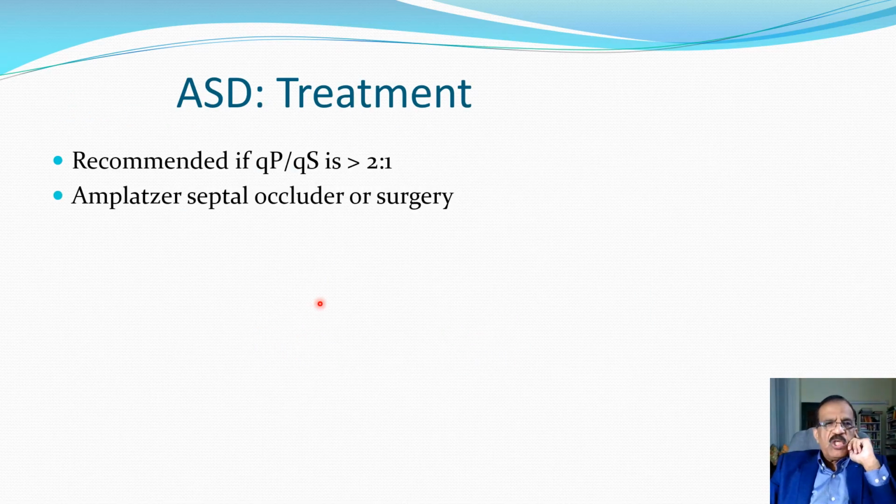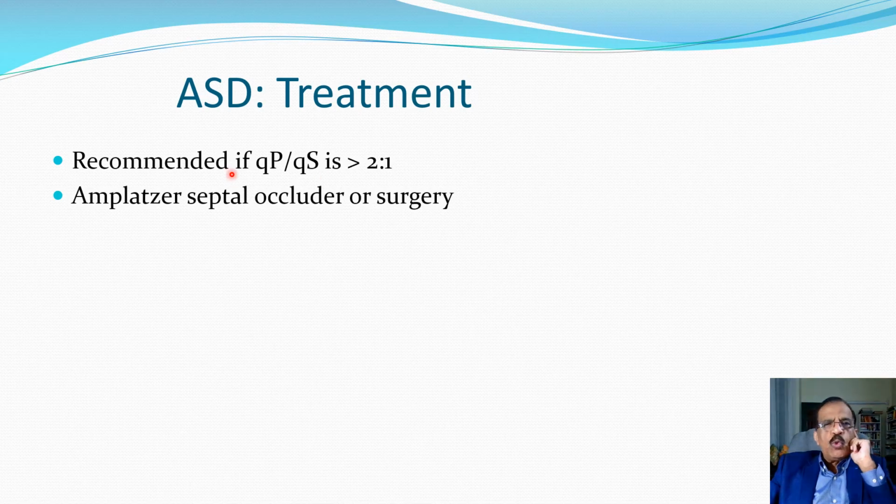Then what is the treatment? Treatment is recommended if the pulmonary circulation exceeds the systemic circulation by 2 times, at a minimum. I told you that in all left to right shunts, the pulmonary circulation is more than the systemic circulation.